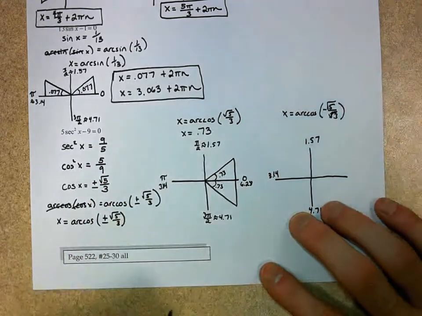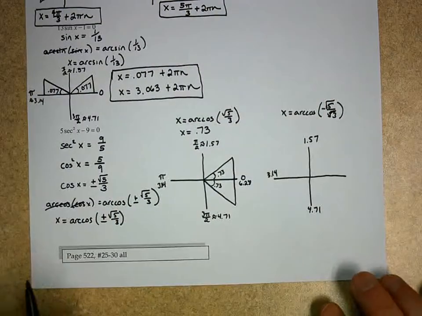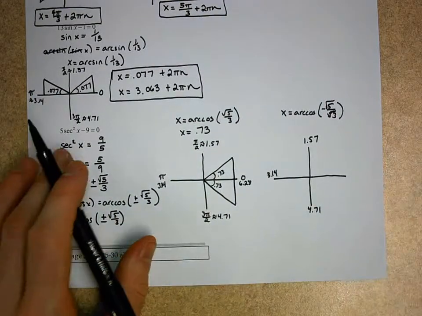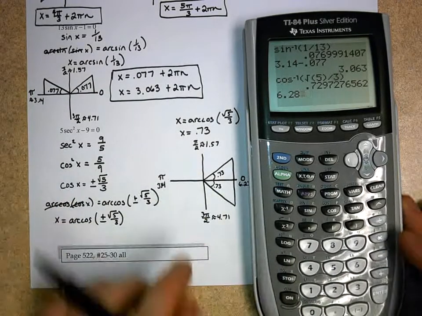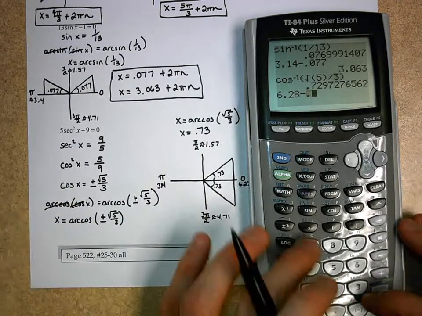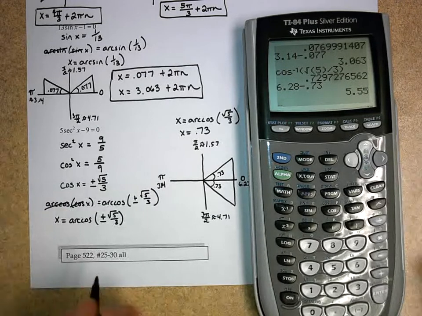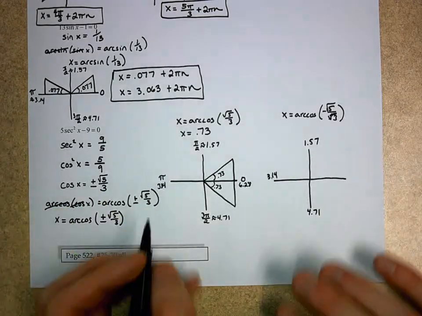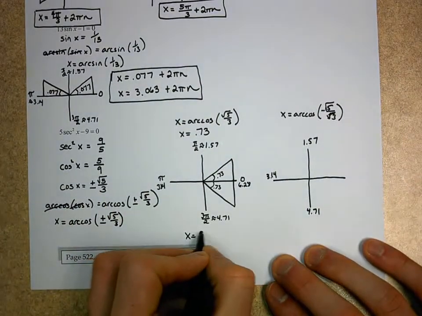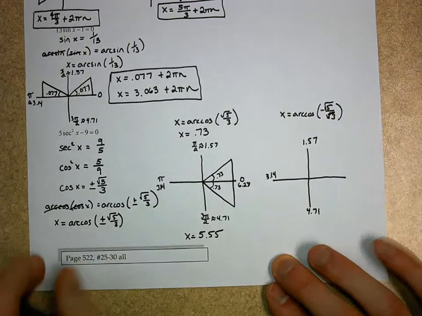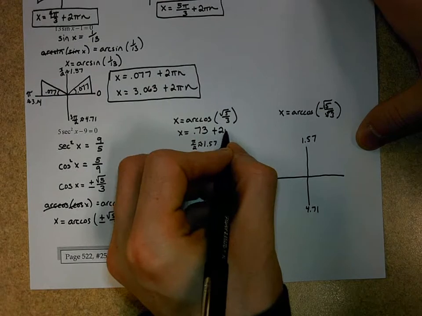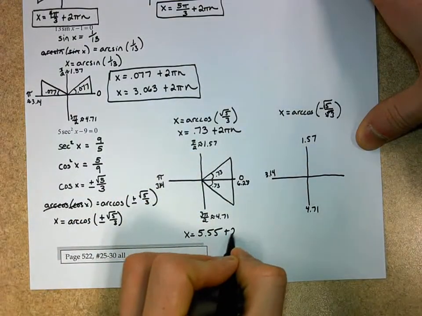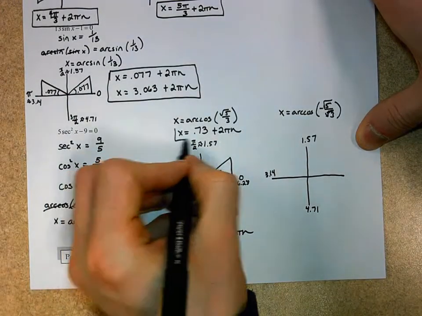And we also know here that's 2 pi, which is 6.28. So if we do a 6.28, we're going to subtract that since we're going down. So I get 5.55. So x equals 5.55. And once again, since these are all solutions, we need to put our plus 2 pi n in the back for each of those.